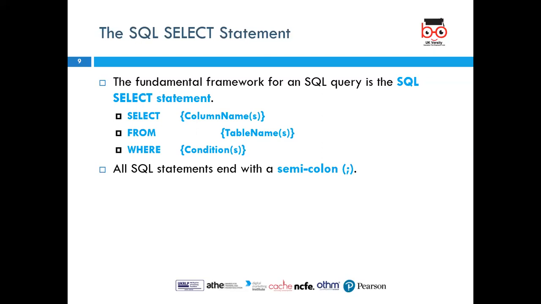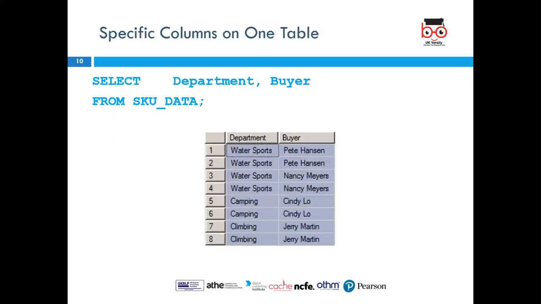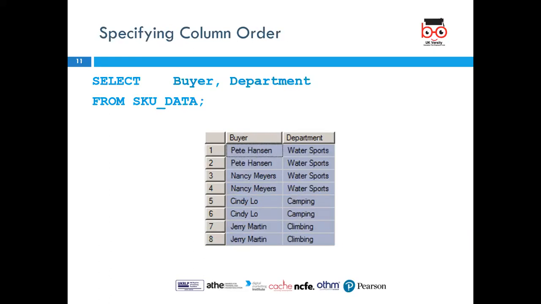Then we have FROM, which allows us to retrieve from a specific table, and WHERE, which gives us some sort of conditions. As you can see, we can select specific attributes from a table, and we use FROM to say from which table this has to be done.